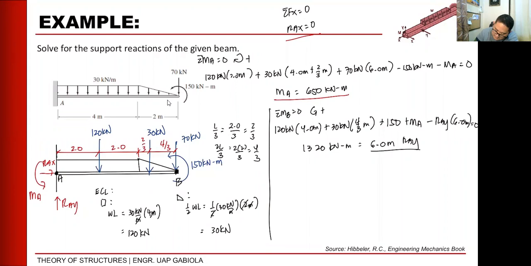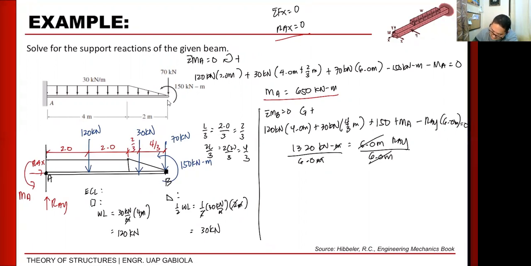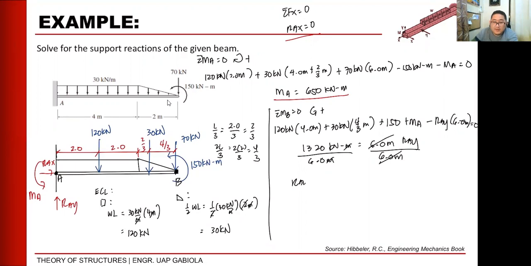Okay? So, divide natin both sides by 6.0 meter. Cancel. So, we have RAY. So, 1,320 divided by 6, that is 220 kilonewton yung value ng RAY natin.